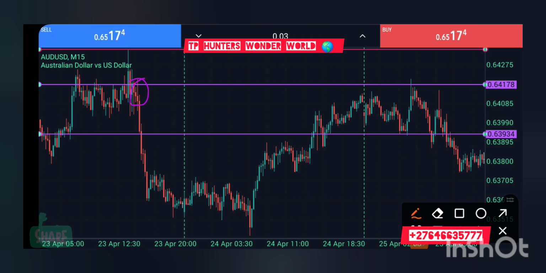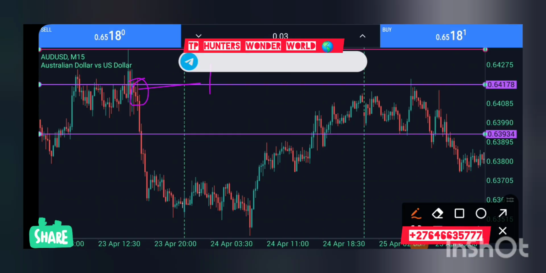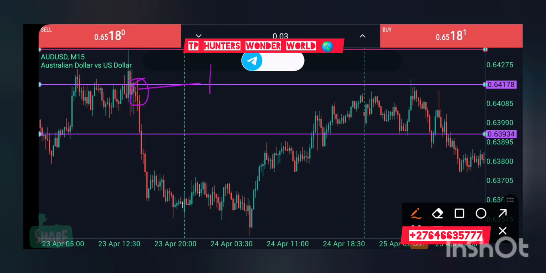This is the best, most powerful candle you should use every time. It's either a bullish or bearish engulfing. So this was our breakout.